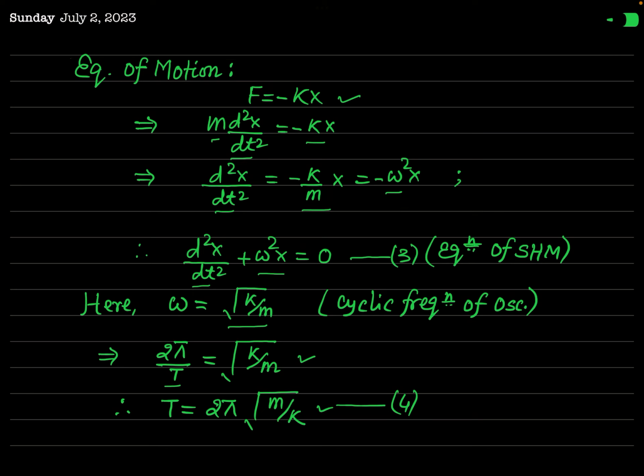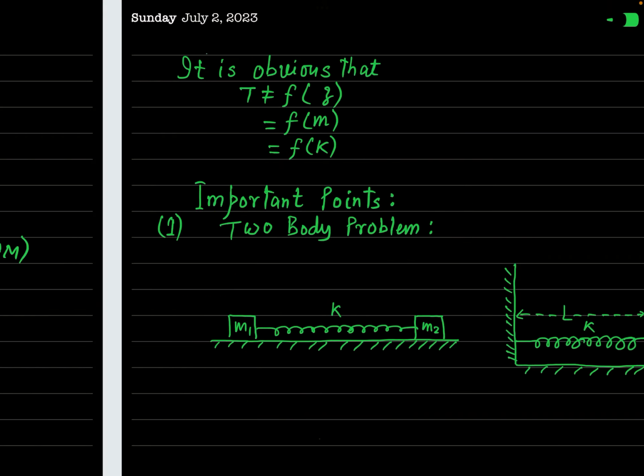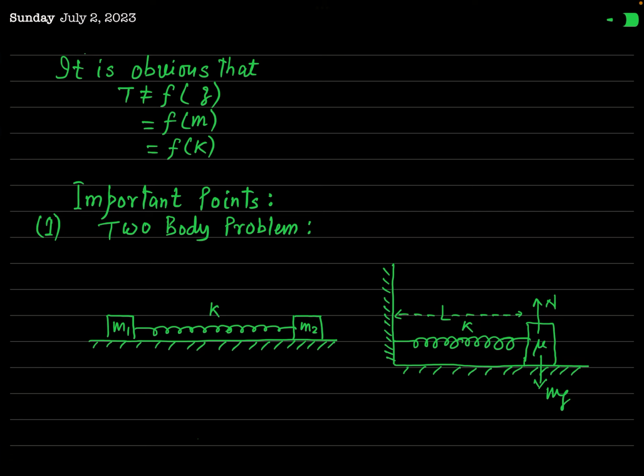Now you can see this time period T of this spring mass system, or spring pendulum, is independent of g. It does not depend on the acceleration due to gravity, as I have mentioned here. As you have seen earlier, the time period of a simple pendulum depends on g.